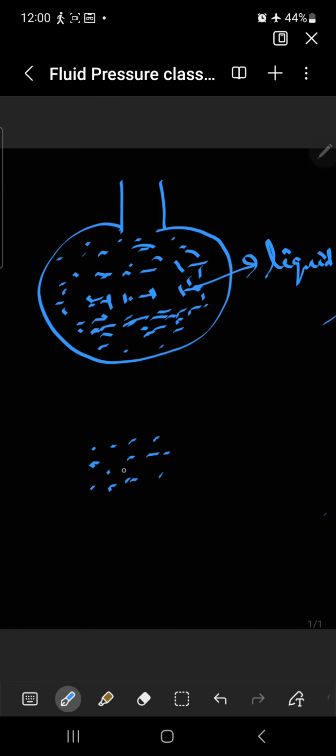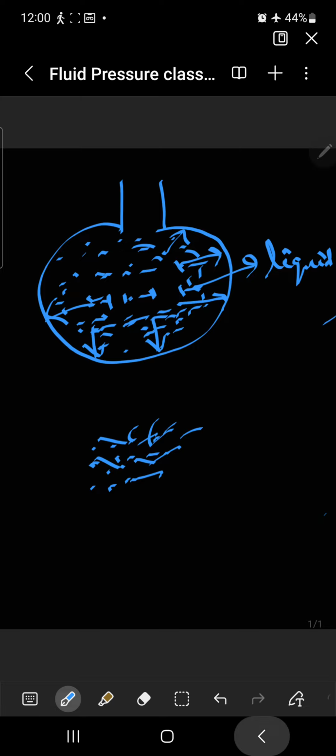Liquid has some intermolecular spaces between its molecules, and its molecules are easily movable inside the vessel in which it is filled up. Okay. Because they are vibrating inside the vessel and they are colliding with each other, they are creating some force over the walls of the vessel.